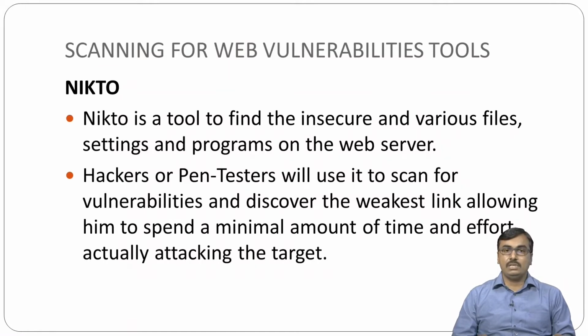Nikto is a tool to find insecure files, settings and programs on the web server. Hackers or pen testers use it to scan for vulnerabilities and discover the weakest link, allowing them to spend a minimal amount of time and effort actually attacking the target.